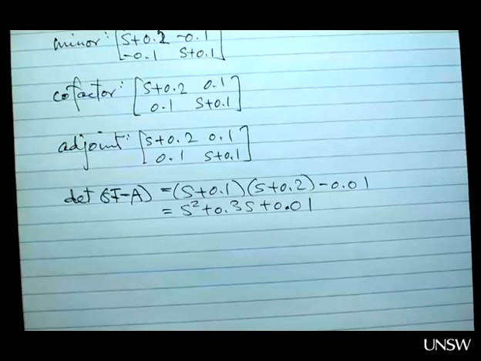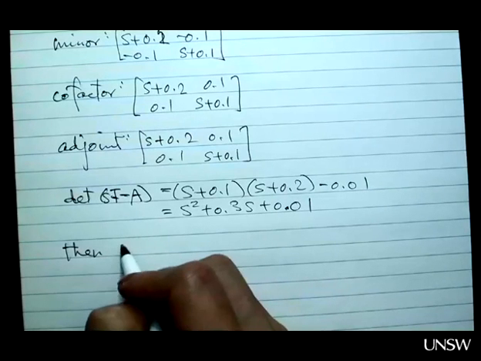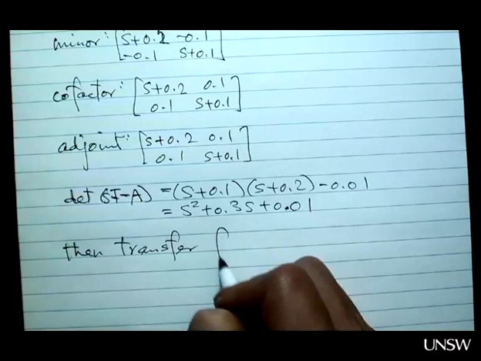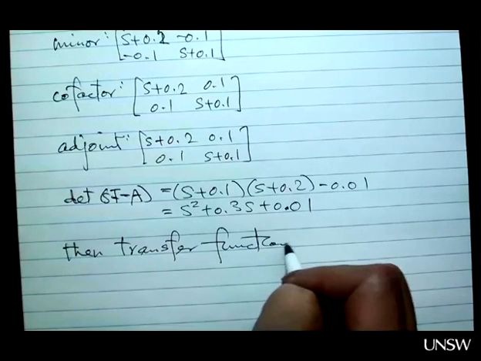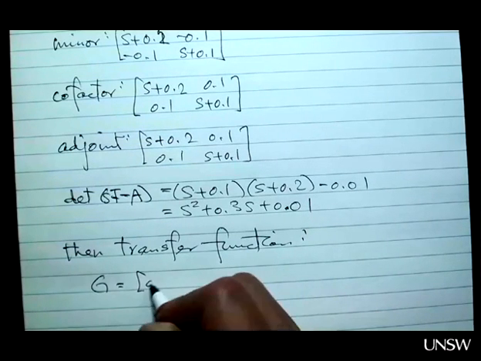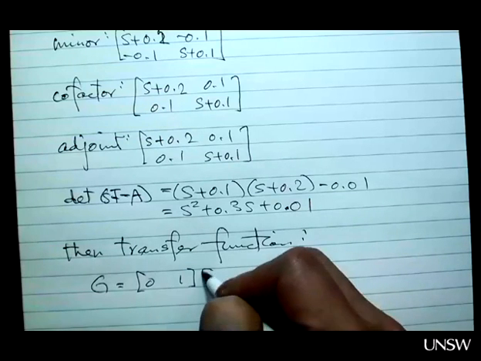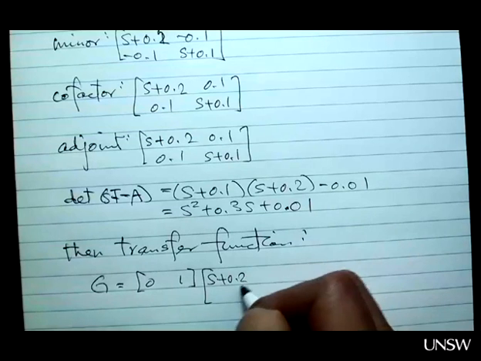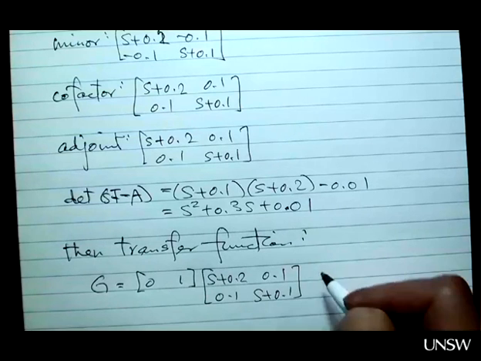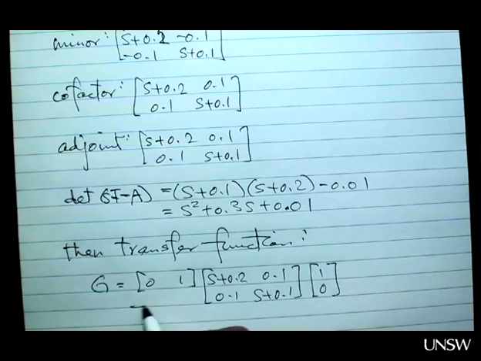Then the transfer function is G, and then our C matrix, and then the adjoint matrix, and then our B matrix, then totally divided by the determinant.